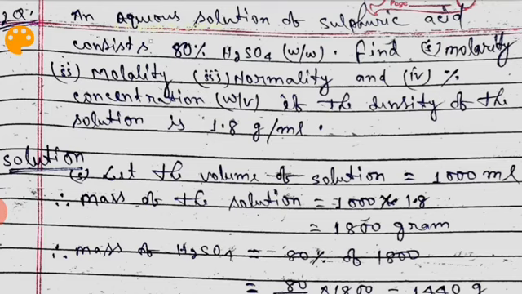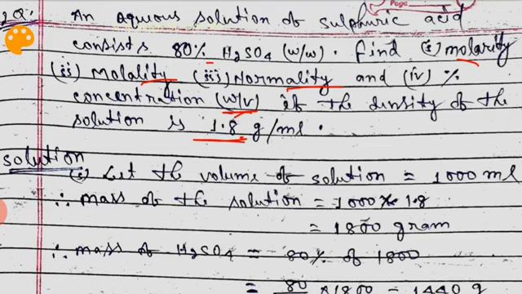An aqueous solution of sulfuric acid, that is H2SO4, consists of 80% H2SO4 W by W. Find molarity, normality, and percentage concentration W by V if the density of the solution is 1.8 gram per ml.